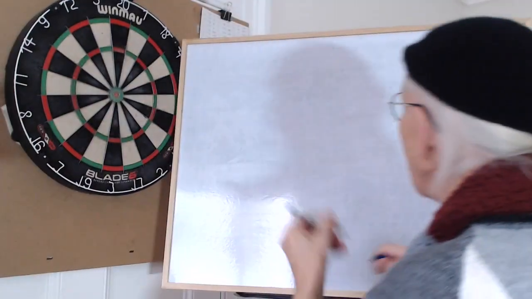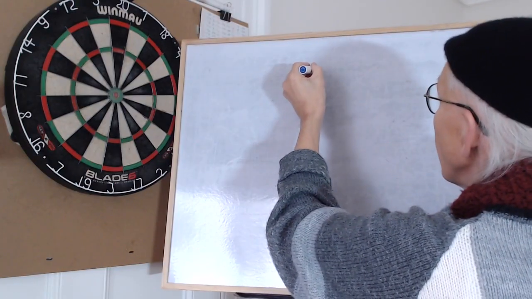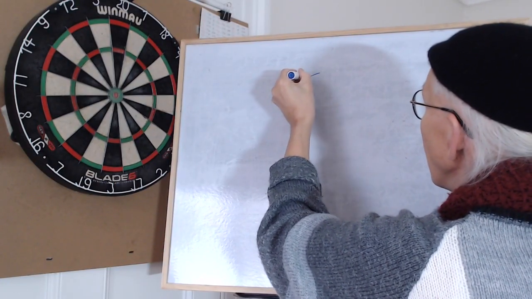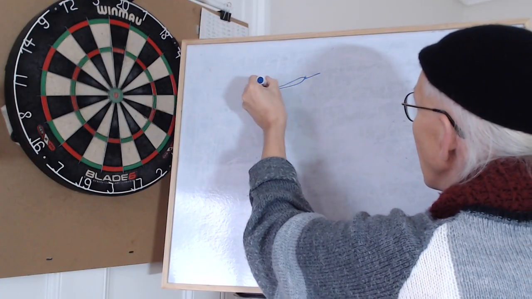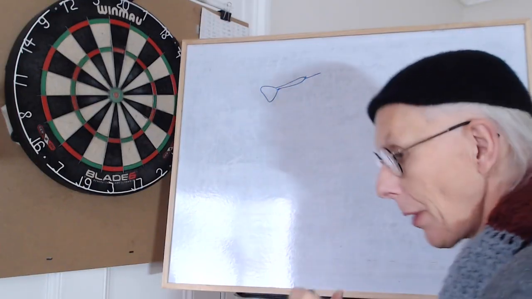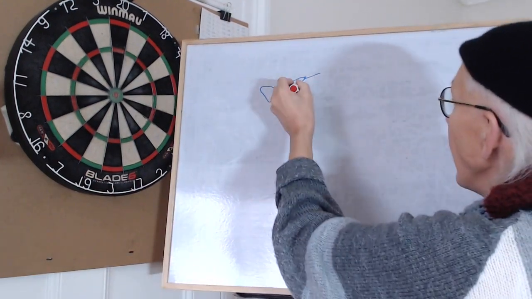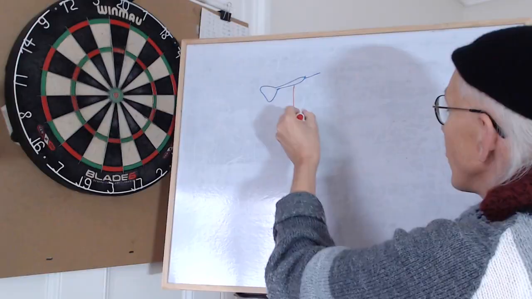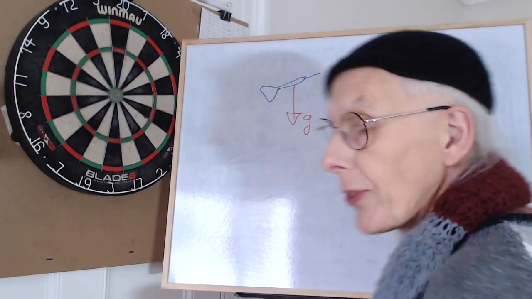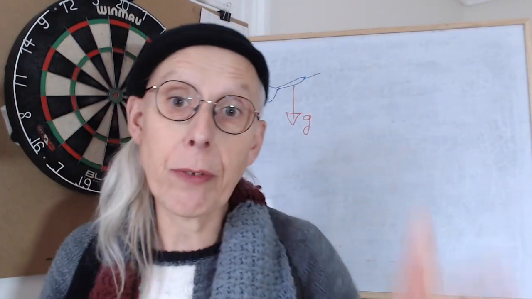It's because if we think of our dart in mid-flight, remember, if we ignore air resistance just for now, the only force acting on this dart is gravity, and gravity is trying to pull this dart to the center of the Earth.